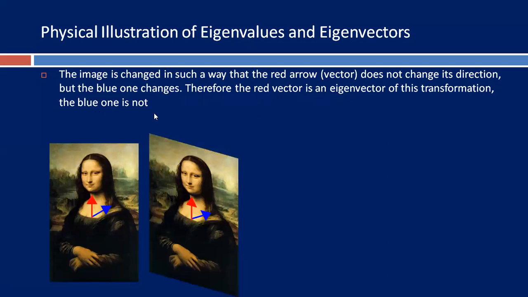The blue one is not. When you rotate this picture, and you see these are the vectors, but here and here the direction of these vectors is changed. So the vector whose direction is changed is an eigenvector, otherwise it is not.